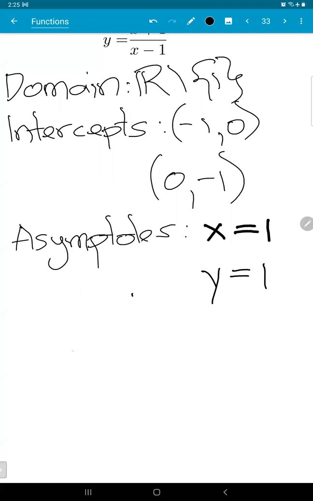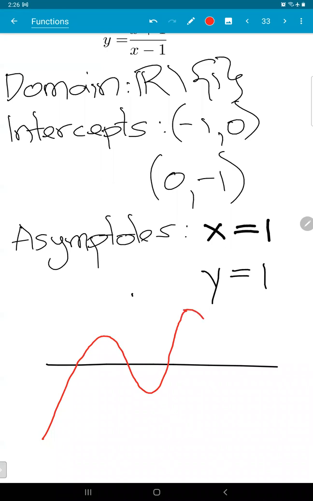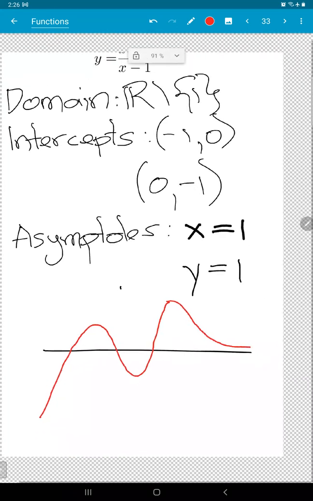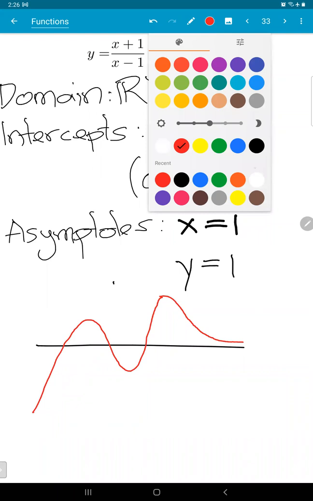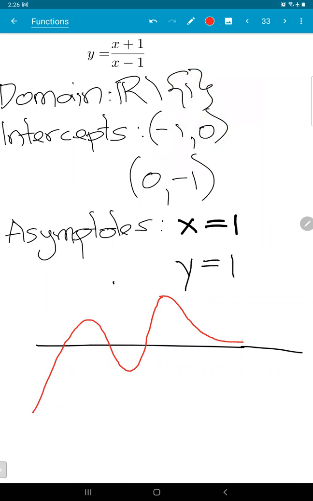So even with horizontal asymptotes, it may cross it once, twice, thrice, or many times, but eventually there will come a time when it will not cross it anymore. It can only cross it a finite number of times, and after that, the graph will just get closer and closer, but will not touch it. So that's what he meant a while ago.